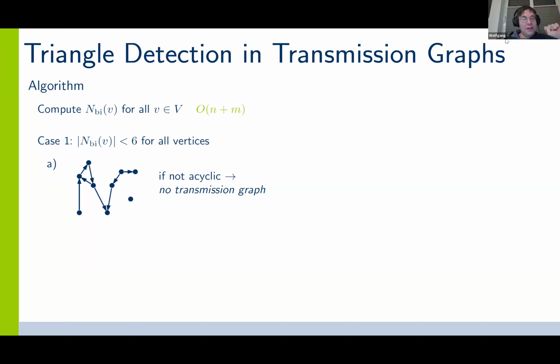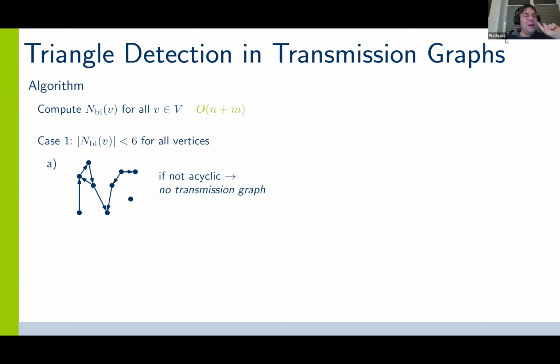Cycle, there has to be... and so there seems to be a mistake. So some directed cycles survived. So in every transmission graph, in every cycle there has to be one bidirectional edge. So if I remove all the bidirectional edges from my graph, the resulting graph has to be a DAG.